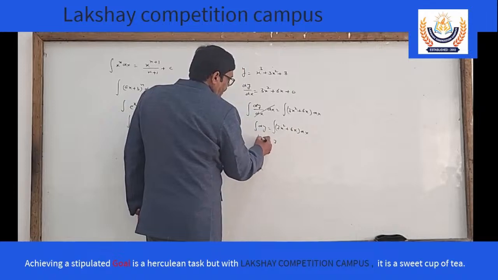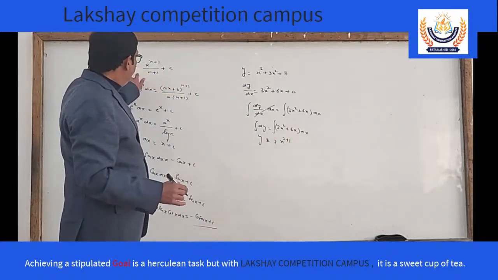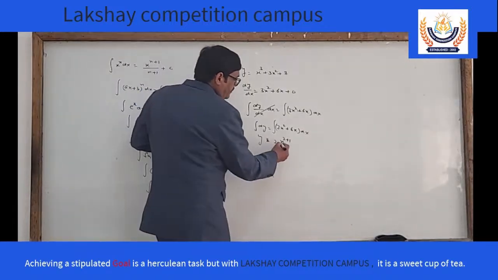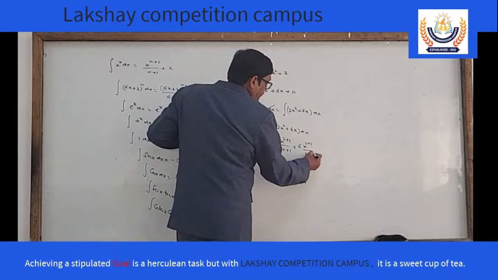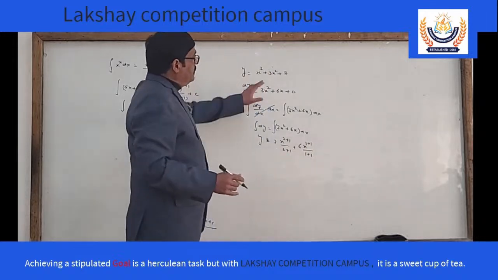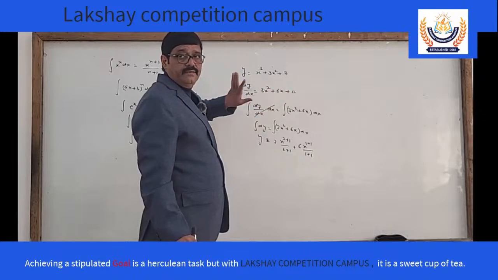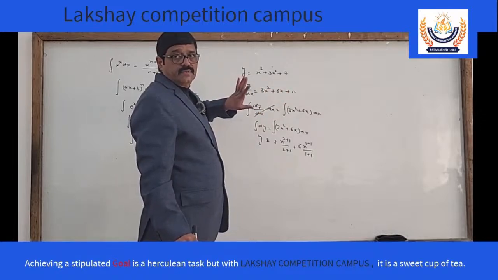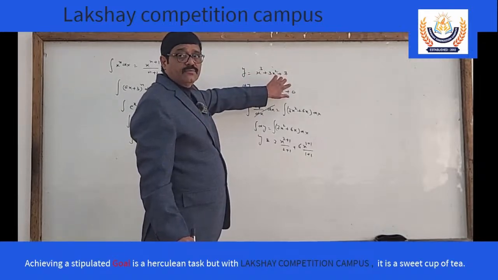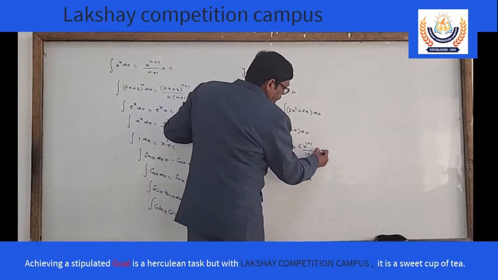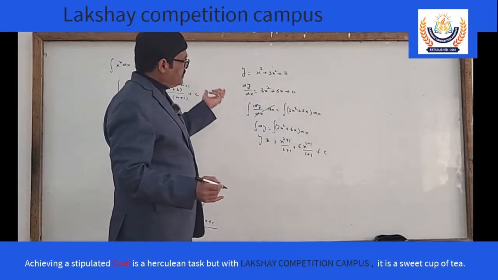So this is y, and this is x raised to power n plus 1 upon n plus 1. Because the constant 7 was eliminated when you found the derivative, in place of that you add c here because we don't know what the constant was.